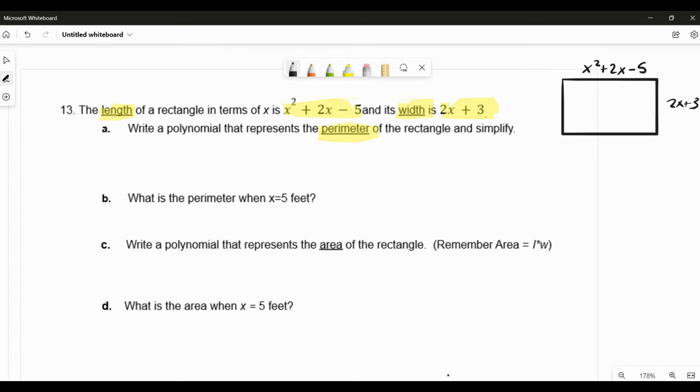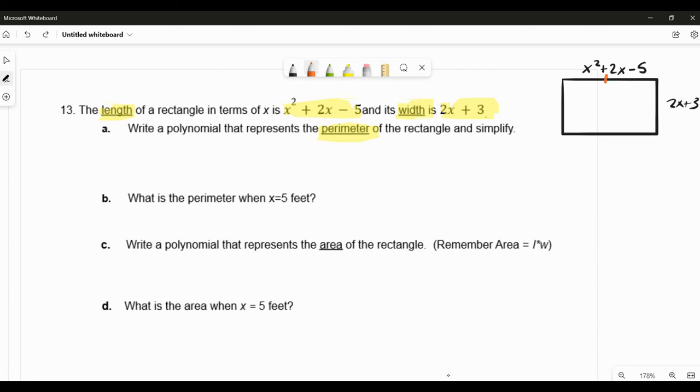What is a perimeter? Well, a perimeter is the distance all the way around the outside of a shape. So if I start here, the perimeter is the length all the way across the outside. To find the perimeter of this, I need to somehow add those up. But let's think about what a rectangle is first.